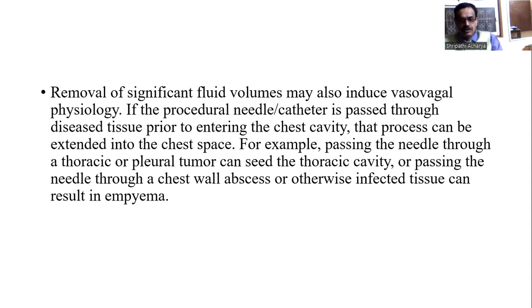For example, passing the needle through a thoracic or pleural tumor can seed the thoracic cavity, or passing the needle through a chest wall abscess or otherwise infected tissue can result in empyema.